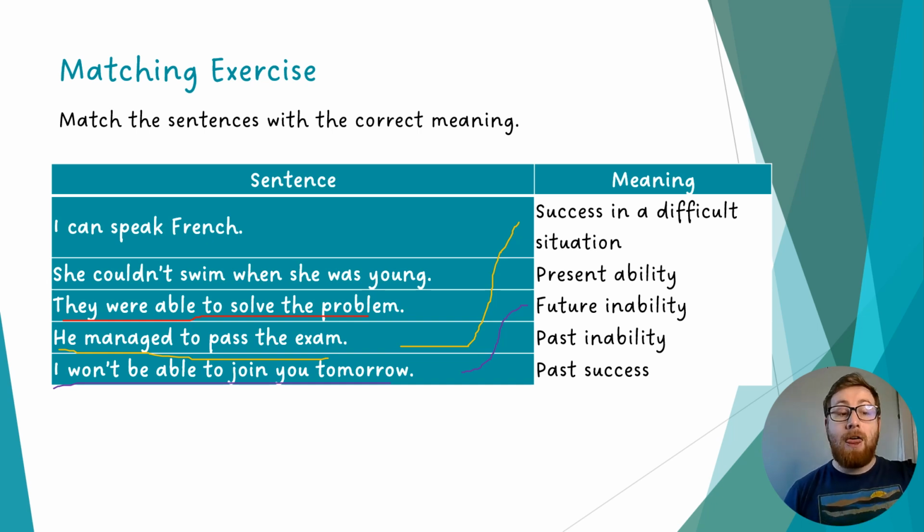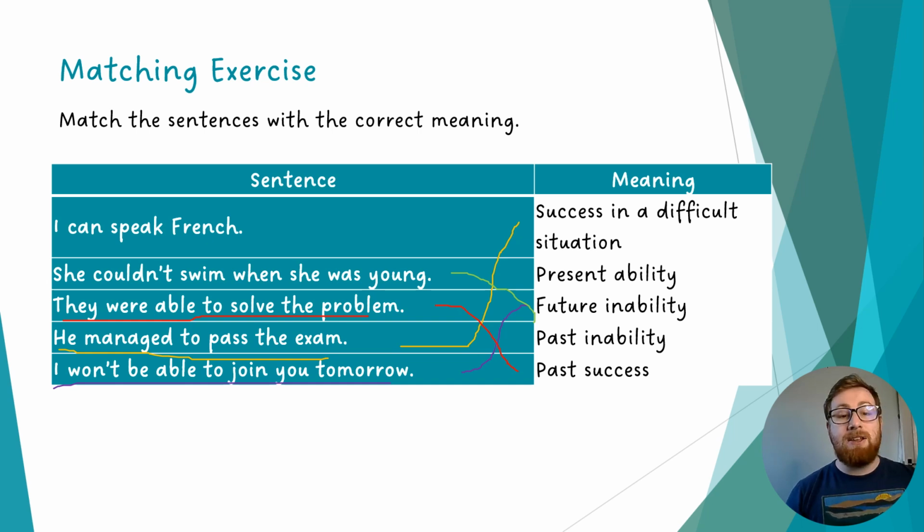Success in the past. She couldn't swim when she was young. So it's a lack of ability again. So it would be in the past inability. And this leaves I can speak French, which is a present ability.